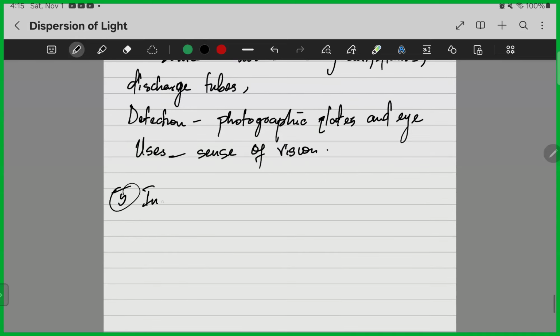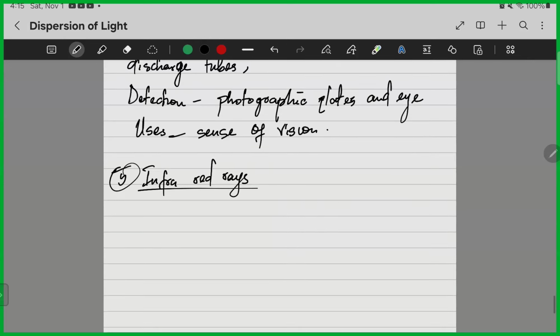Infrared. Infrared, the source is all bodies too. So for detection, take note of these things I'm mentioning.